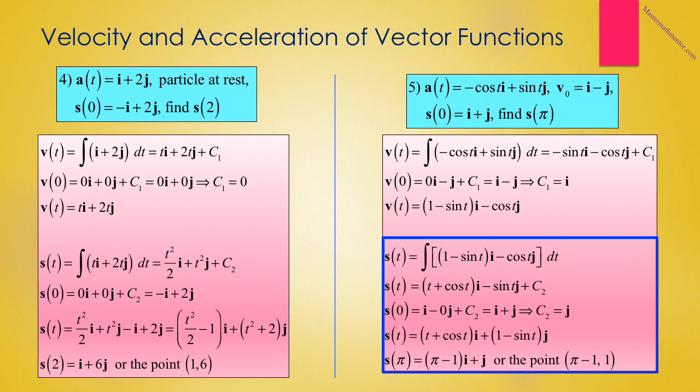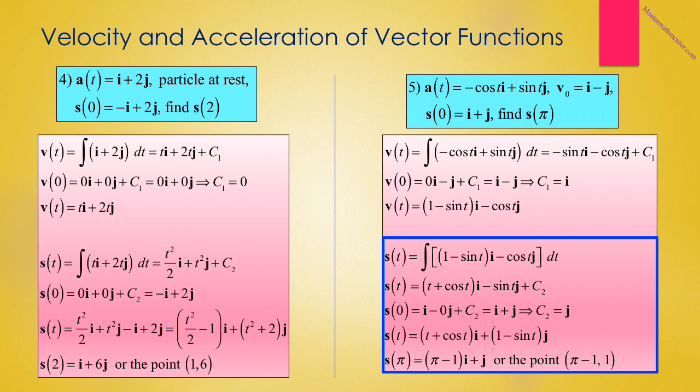Next, we find the position function by integrating the velocity function, which is the integral of (1 minus sine t)i minus cosine t j dt. And that is (t + cosine t)i minus sine t j + c2.